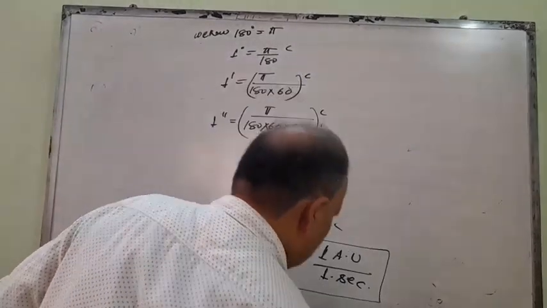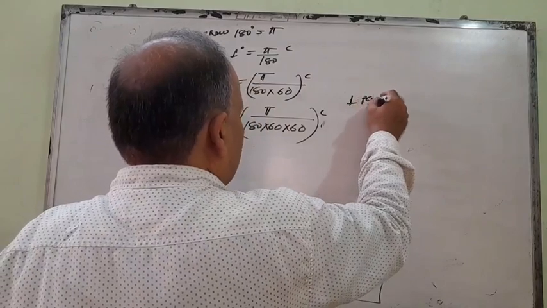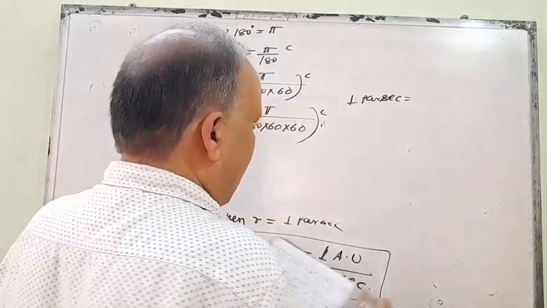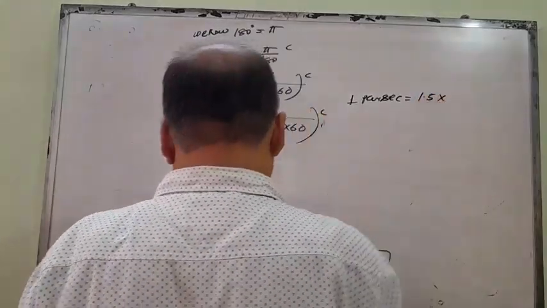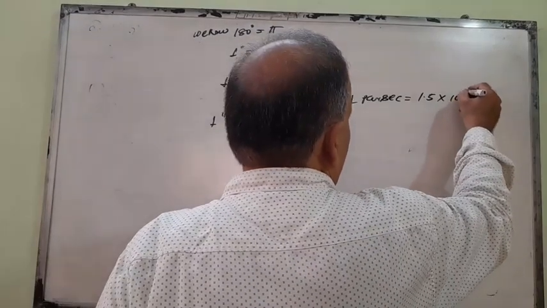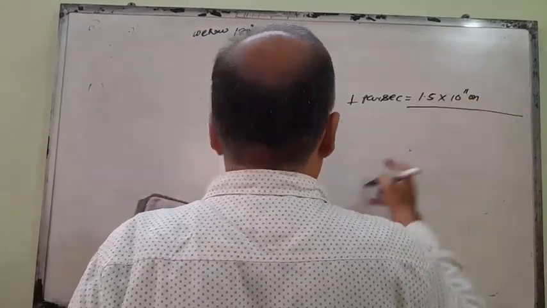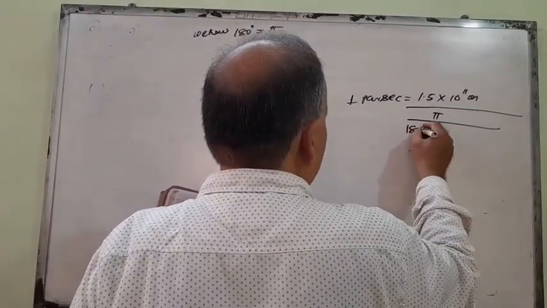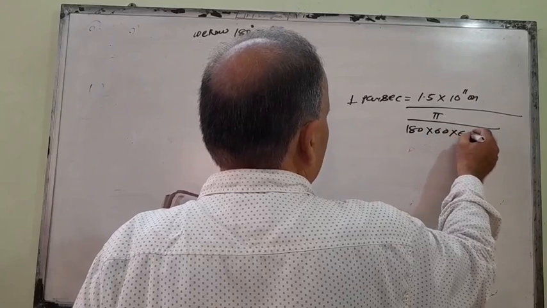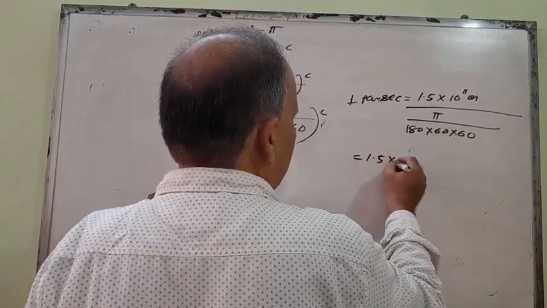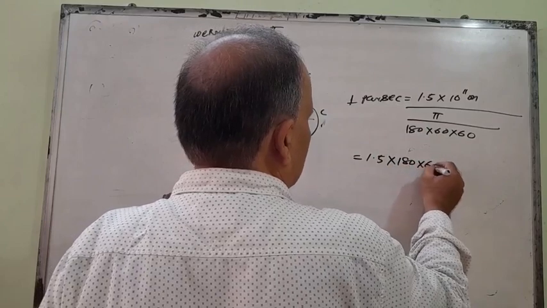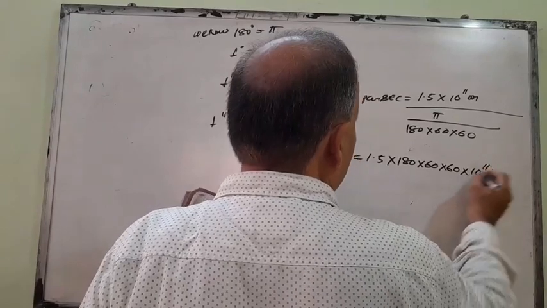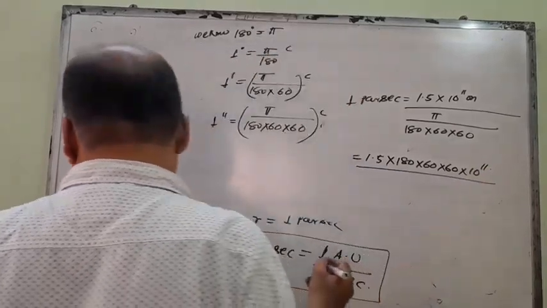So 1 parsec is equal to 1.5 into 10 to the power 11 meter divided by 1 second. This is pi by 180 into 60 into 60, that is 1.5 into 180 into 60 into 60 into 10 to the power 11 divided by pi.